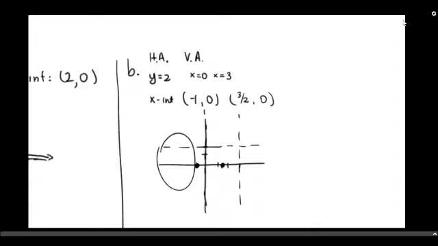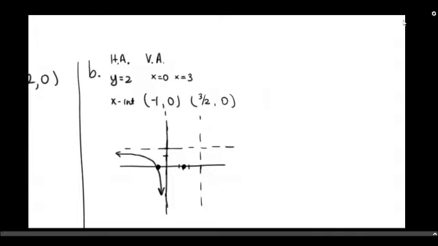Alright, I'm going to start on the left here. Now I already know that I've got a point right here that's underneath the horizontal asymptote. So that already tells me that this piece of the graph is going to look like that. I'm going to skip the middle part here for a second and go right over here to the right side.